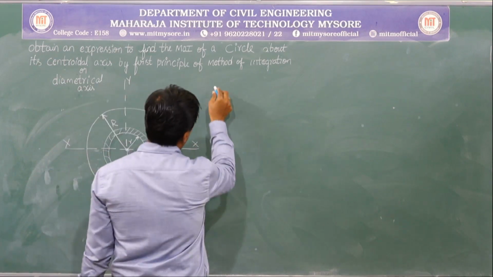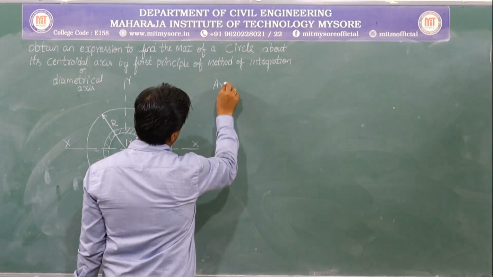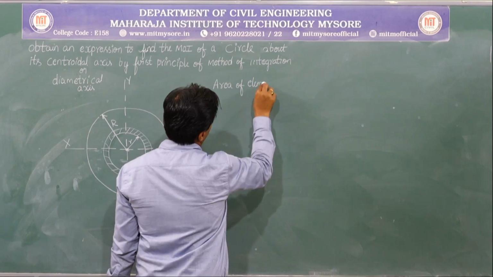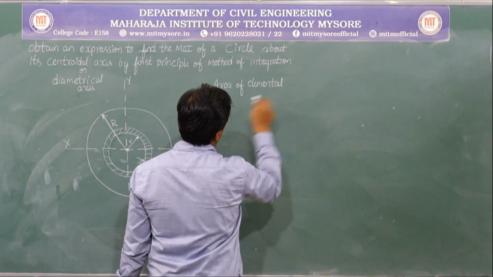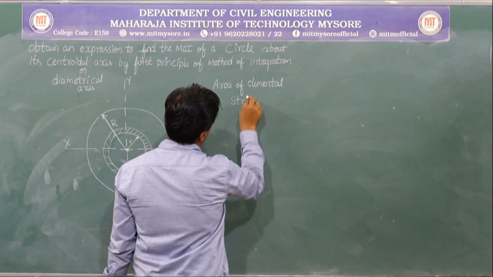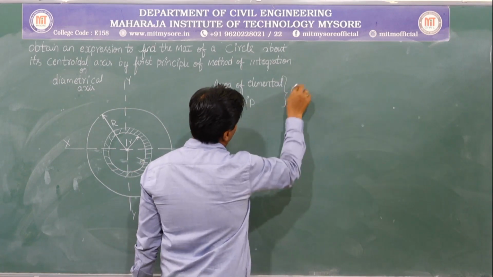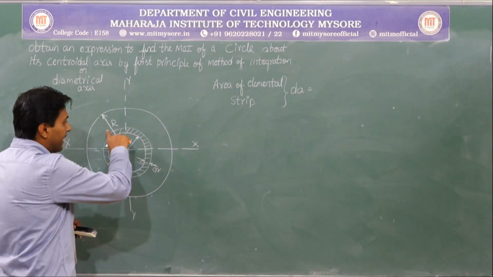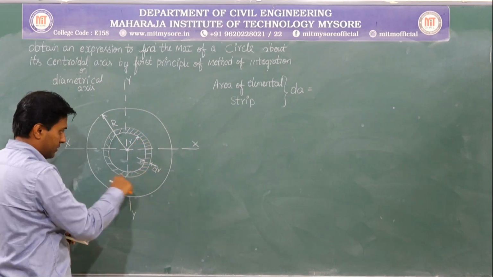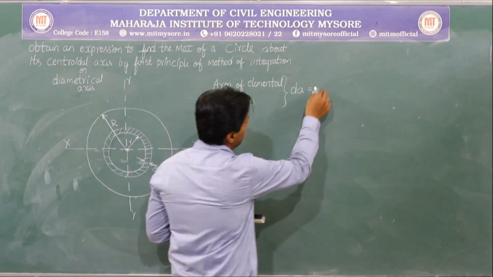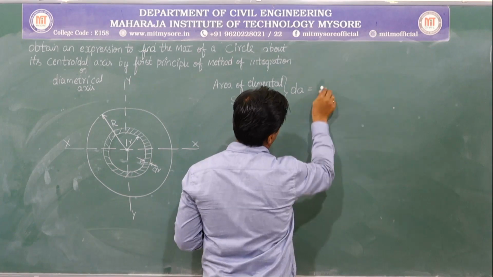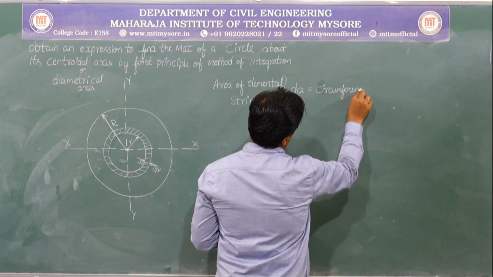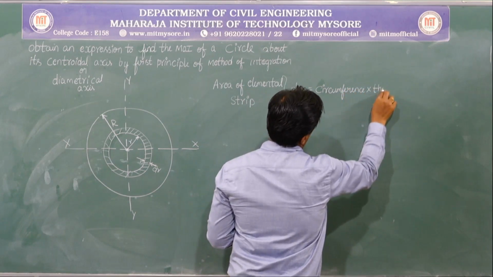So we have a formula: area of elemental strip, dA, is equal to, okay, now will you accept that it is nothing but the circumference into thickness? So it is circumference into thickness.